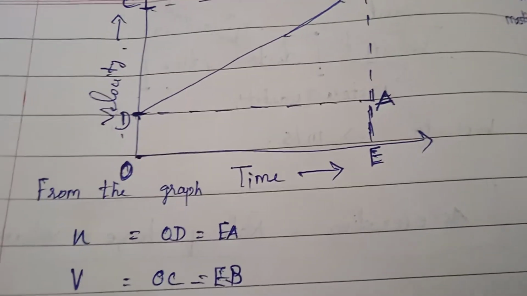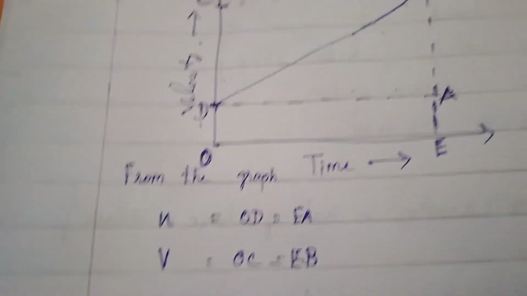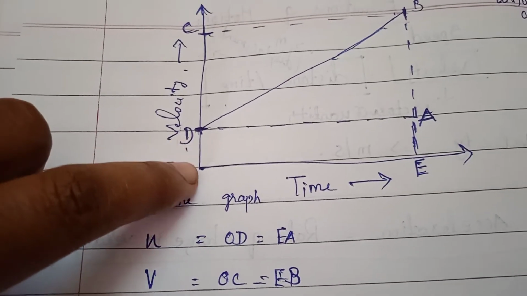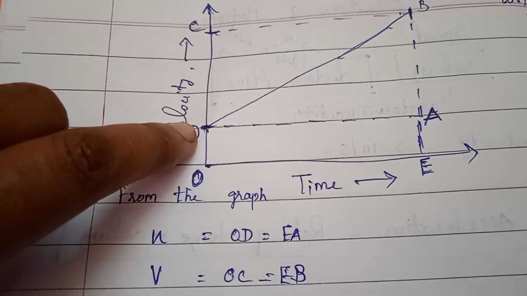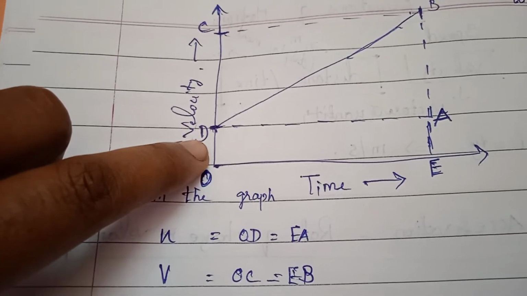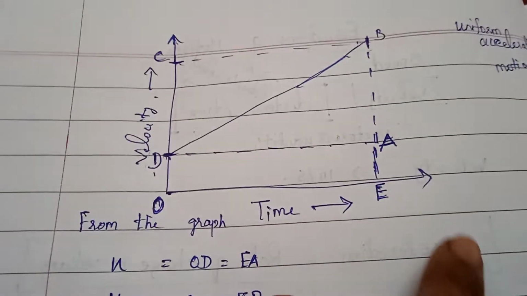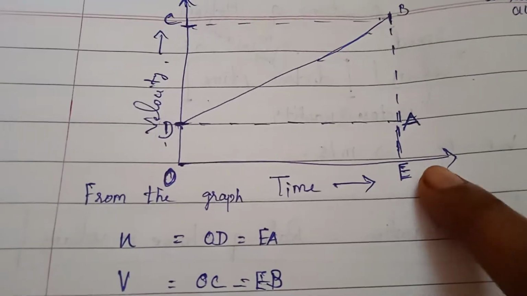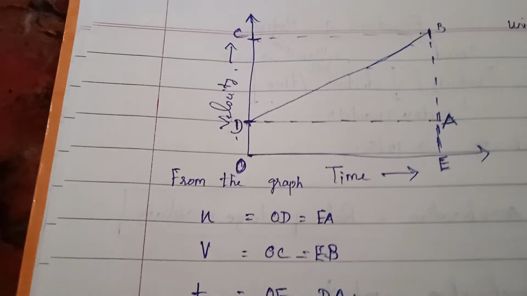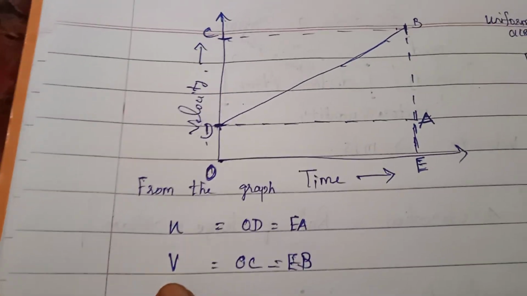So from the graph, what is the initial velocity? Initial velocity is equal to OD. This is the origin, this is the starting point. So the initial velocity u is OD, and it is equal to EA, right? Then the final velocity is equal to OC.